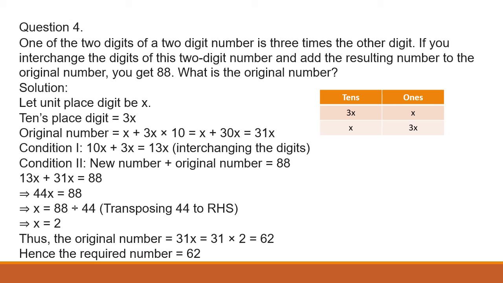So the value of x is 2. Thus, the original number is 31x, 31 into 2, 31 twos are 62. Hence, the required number is 62. Children, I hope you understood this. Now, let us move on to the next problem.